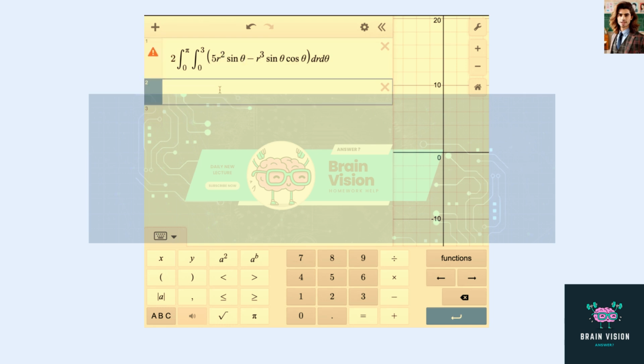Ultimately, though, we'll be able to determine, since this is going to be 2 pi, and since the integral from 0 to 2 pi of sine of theta d theta is just 0, and from 0 to 2 pi, the integral of cosine theta sine theta d theta is 0, we see that all of these integrals will end up giving us 0. So that will be the final answer that we have.